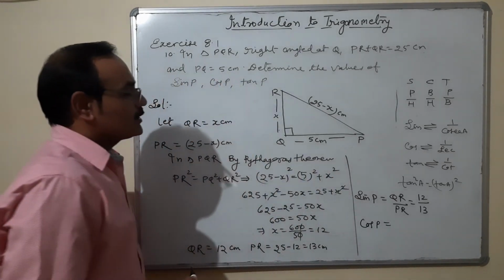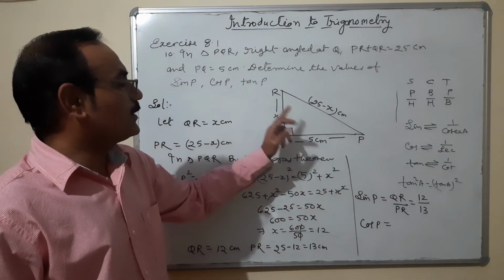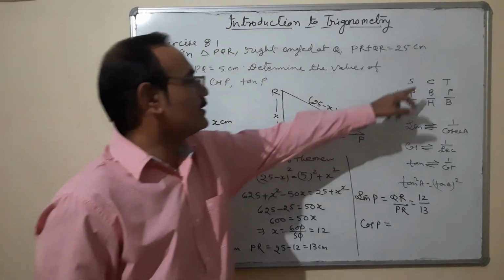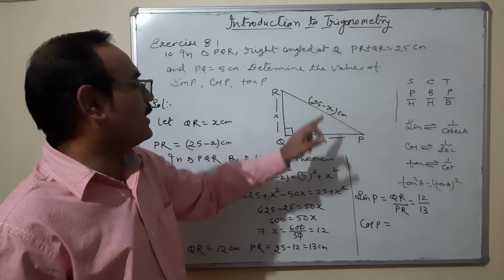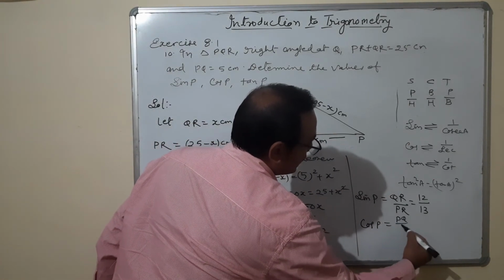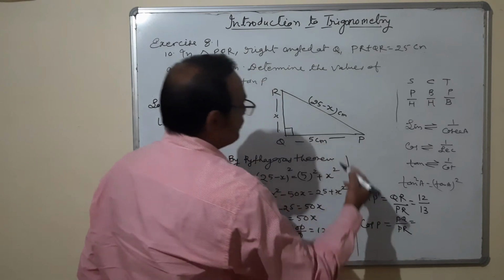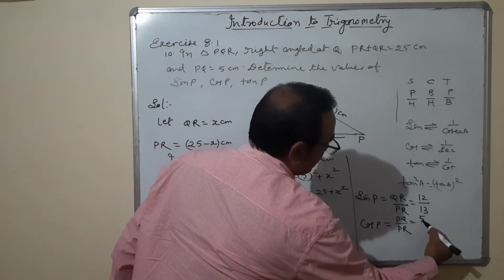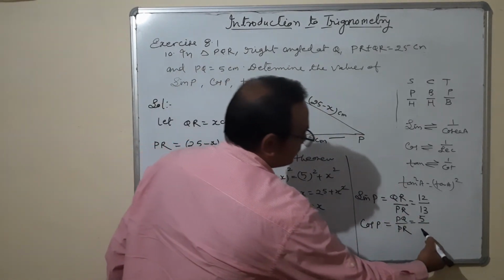Second, we are finding the value of cos P. Cos is base upon hypotenuse, PQ upon PR. PQ is 5 and PR is 13, so 5 upon 13.